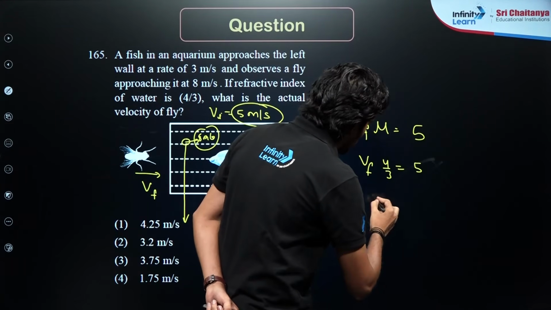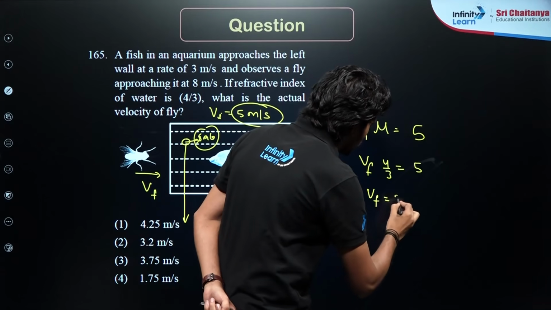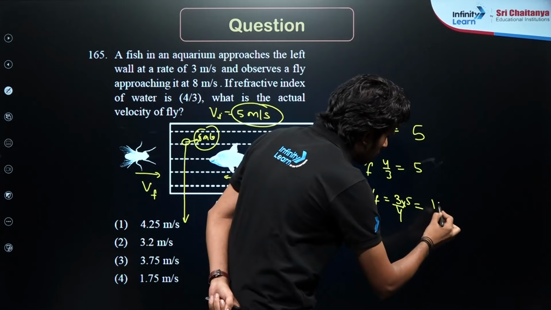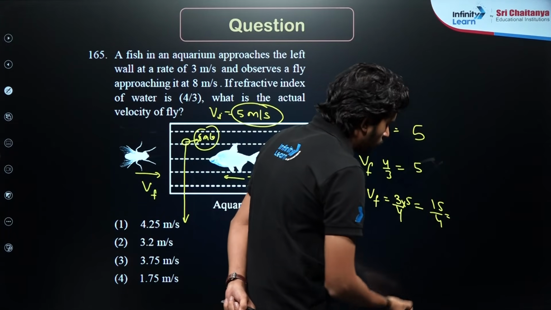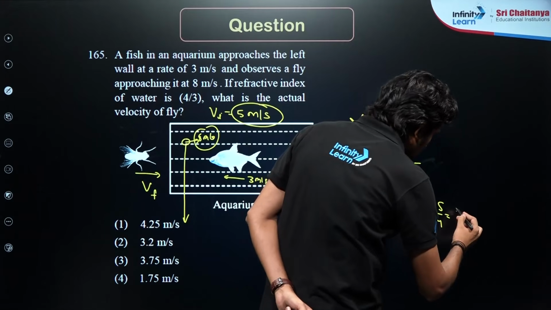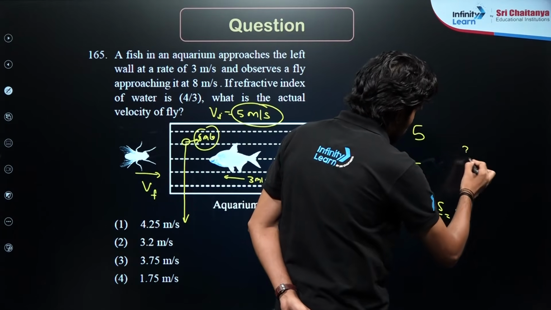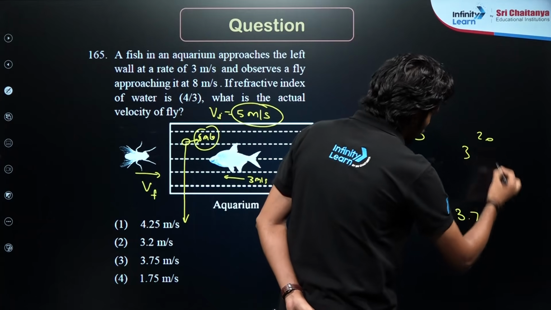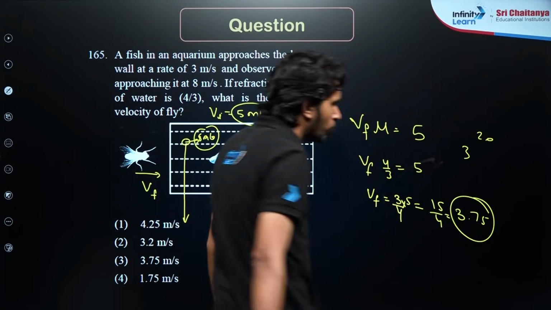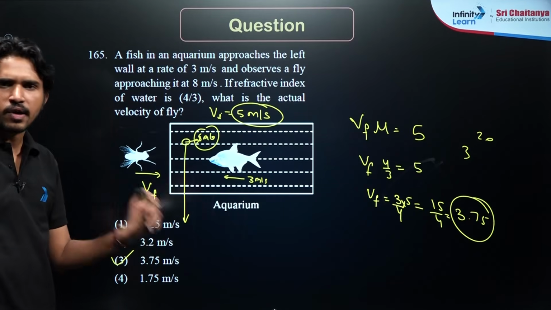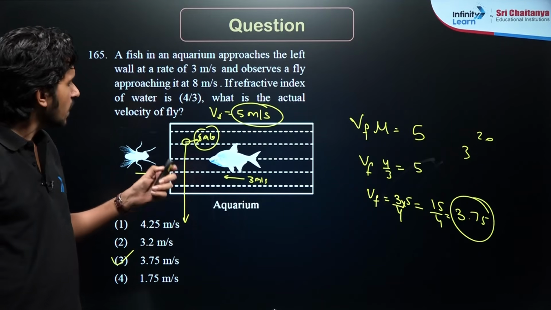So then Vf will be 3 by 4 of 5. So 5 3s are 15 by 4, that is 3.75. So what will be the answer? 3.75 meter per second. Okay.